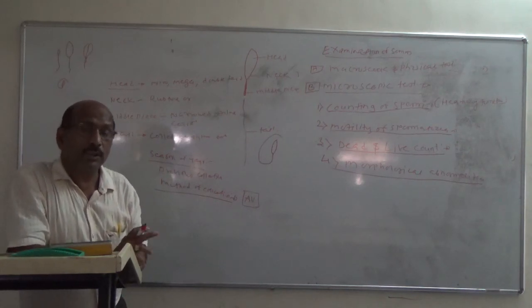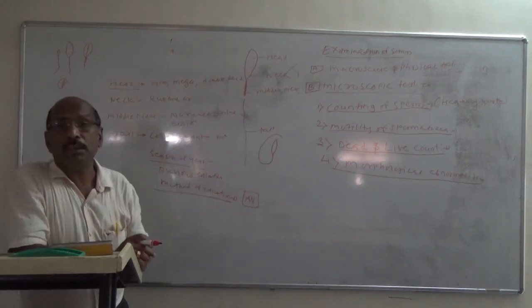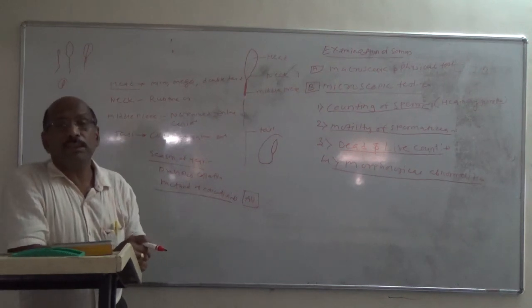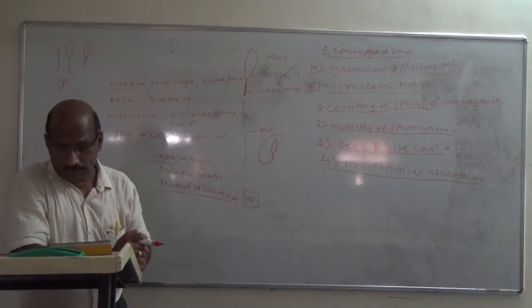Normally, in case of bulls, the semen can be collected by the AV method, so there are fewer sperm abnormalities.